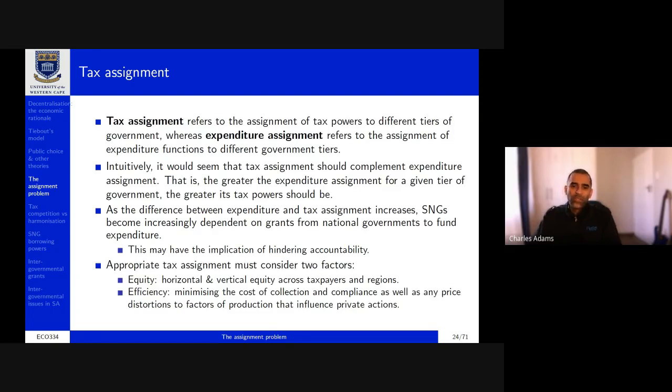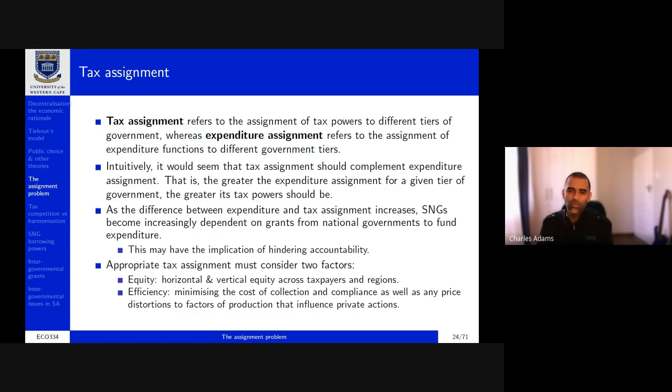As the difference between expenditure and taxes increases, subnational governments become increasingly dependent on grants from national governments to fund expenditure, right? So if subnational government is given expenditure powers that exceed the revenue they are able to generate given their taxing powers, then that means the expenditures must be funded by national government, right? And this has a host of implications. One of them is that it may hinder accountability.